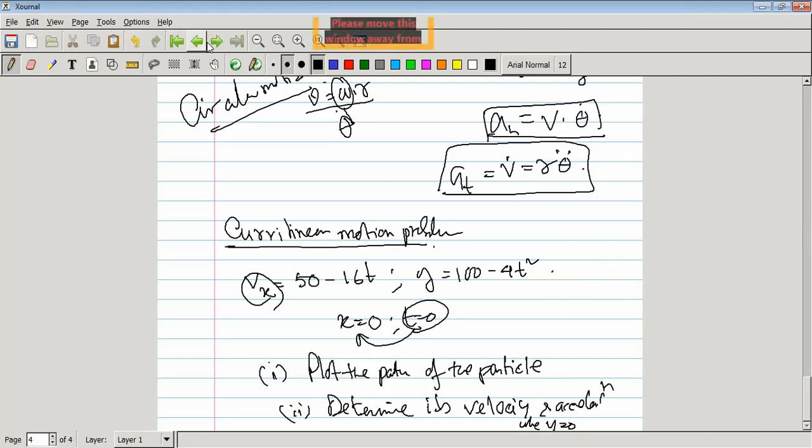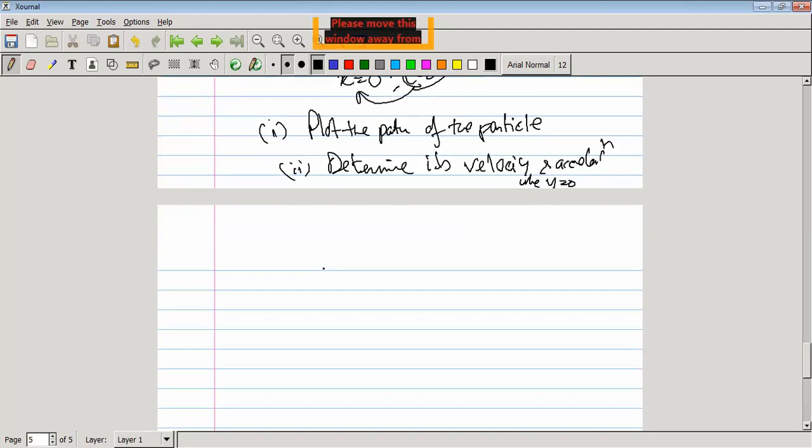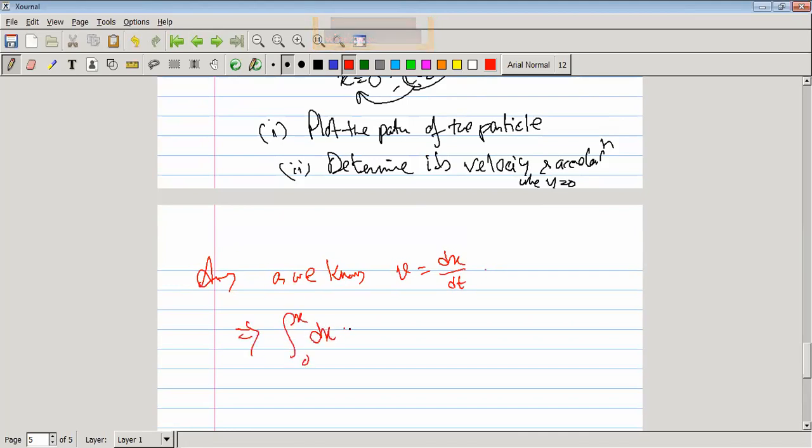So how do we start, how do we solve this type of problem? This is quite simple actually. You can simply write, as we know v is equal to dx by dt, so integrating x from 0 to x, dx is nothing but 0 to t, and v is given as 50 minus 16t, right?